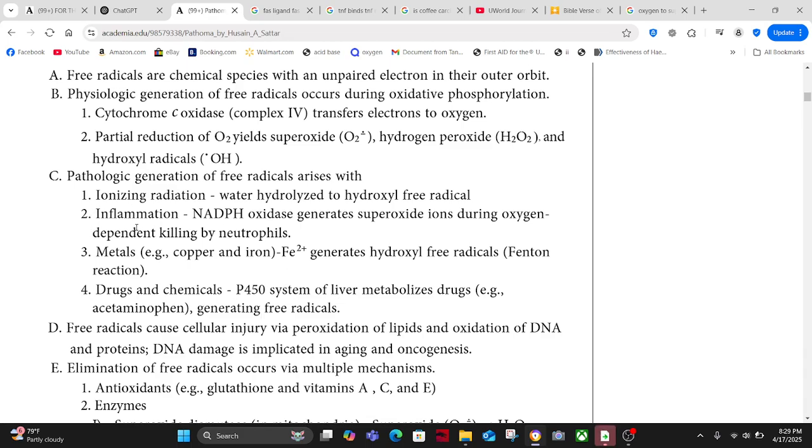From inflammation, you can get free radicals. NADPH oxidase generates superoxide ions during oxygen-dependent killing by neutrophils. So what happens is oxygen is taken by NADPH and converted into superoxide.